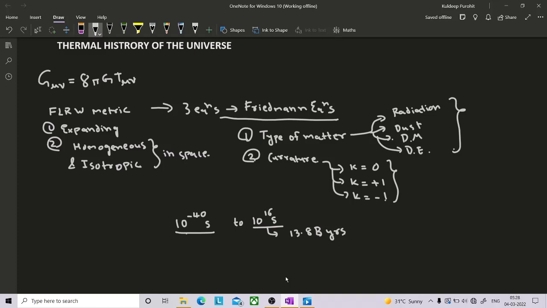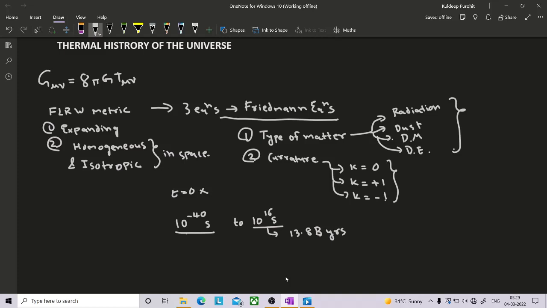The reason for taking the initial time at 10 to the power minus 40 second and not taking t equal to 0 is that at time scales below 10 to the power minus 40 second, classical gravity will not work. You need a quantum description of gravity, and still we don't have any quantum description of gravity right now.